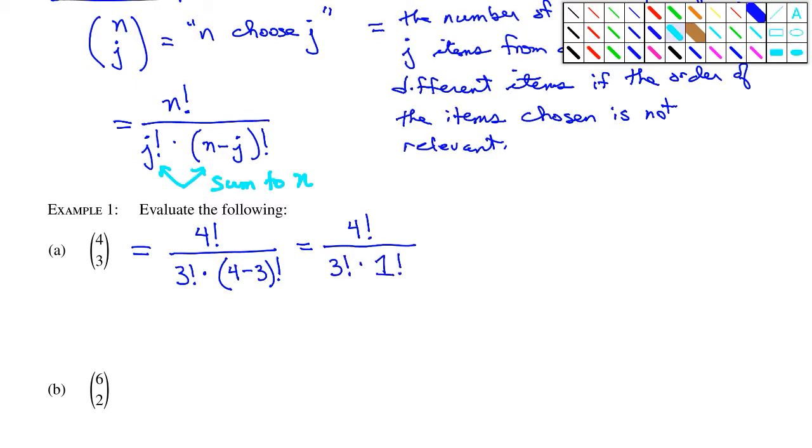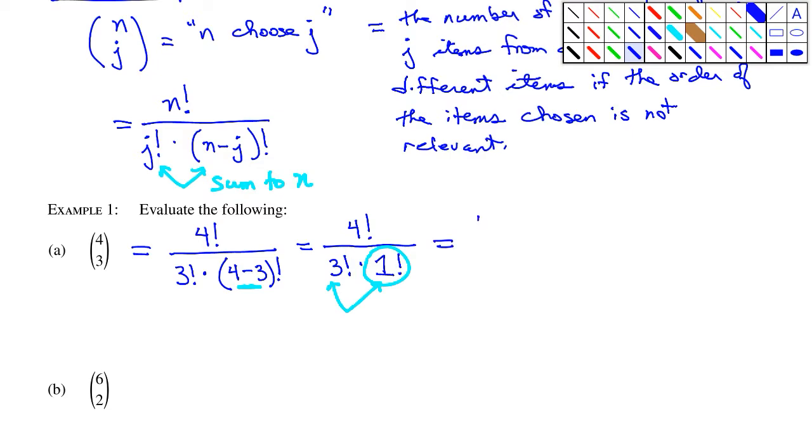What I want you to notice is that whatever numbers you're choosing here, they must always add up to n. So a lot of times we'll just skip the part with the subtraction, unless we're doing something with the definition, and just say, well, if we had 3, then what else do I need to make 4? Well, I needed a 1, and so that's where the 1 comes into place.